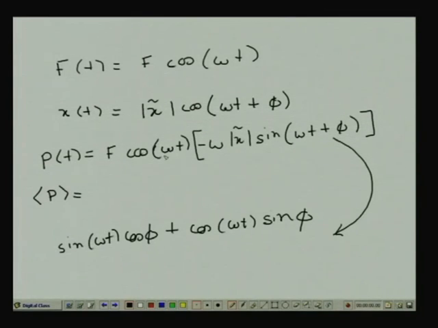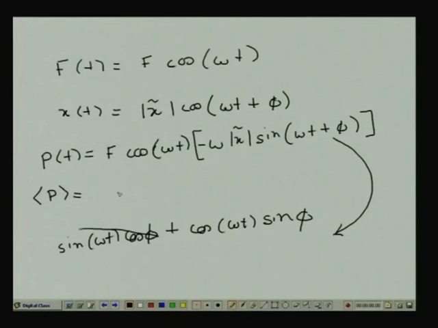So, this term does not contribute to the time average power; it is only the other term which contributes. We have the time average of cos square omega t, which we have seen is half.